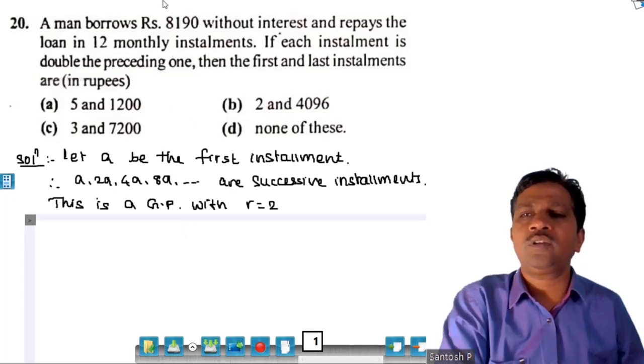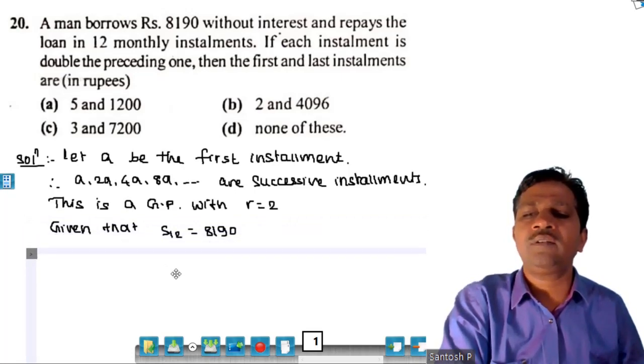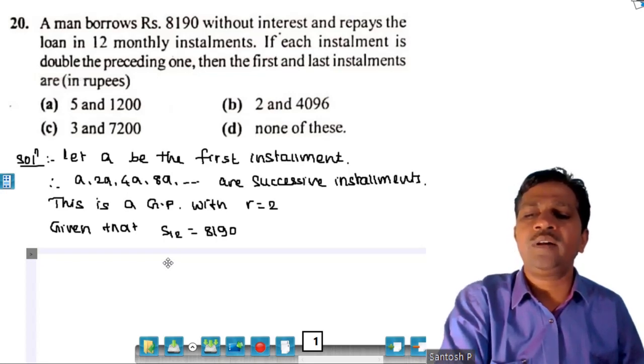So the total amount to be repaid is nothing but 8,190 in 12 months. This n is equal to 12, and the sum of these 12 months is nothing but 8,190. You know the formula for Sn, which is A into bracket R raised to n minus 1 upon R minus 1.